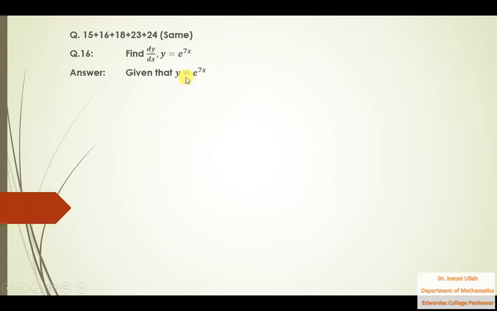Differentiating y with respect to x, and differentiating e power 7x with respect to x, we know that the derivative of e power u is the same e power u multiplied by the derivative of the power 7x, and we know that the derivative of 7x is 7 into 1 because 7 is constant, so that is 7 into 1, and writing this 7 in front of e power 7x is the derivative of e power 7x.